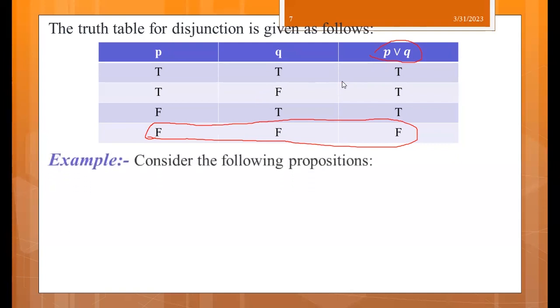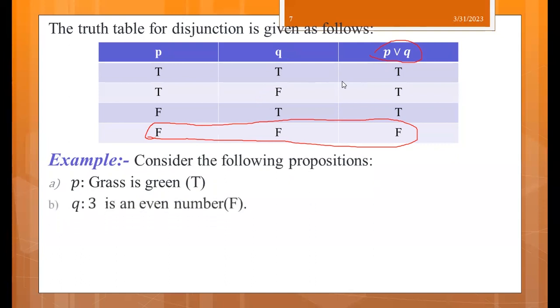If we consider an example, taking the component statements which we considered in the case of logical conjunction. Let P be a simple statement, grass is green, which is true. Q, that is, 3 is an even number, which is false. And the logical disjunction is P or Q. P or Q means: grass is green or 3 is an even number.